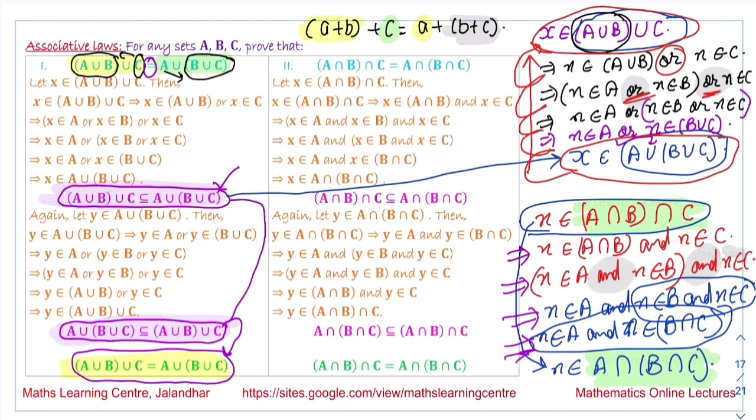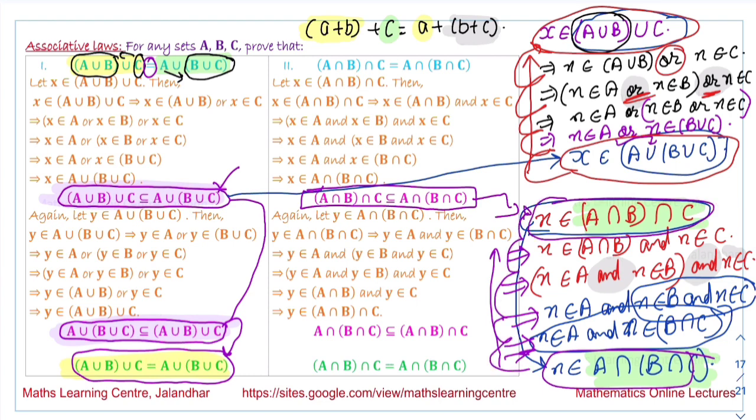So we get the first part of the proof, that A intersection B intersection C is a subset of A intersection B intersection C. Now if we write all these steps in the upward, backward direction, we get the result that the other set is a subset of A intersection B and its intersection with C. Combining these two results, one set is a subset of the second and the second is a subset of the first, we obtain that both these sets are equal to each other.